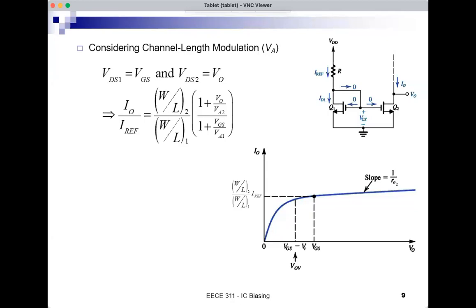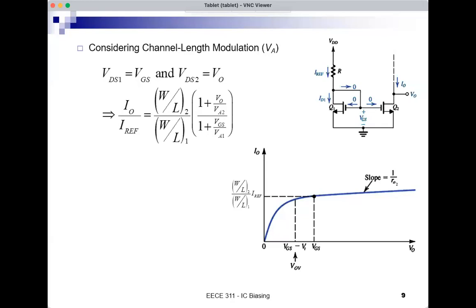Good morning. We continue today with our discussion of the simple MOSFET current mirror. Last time we looked at the circuit and we showed that this circuit can provide us with a constant current, and therefore we can consider it to be a constant current source.